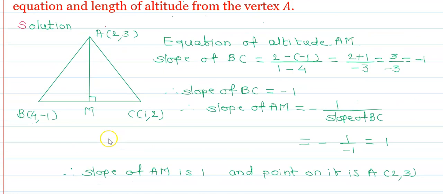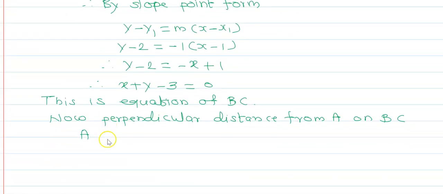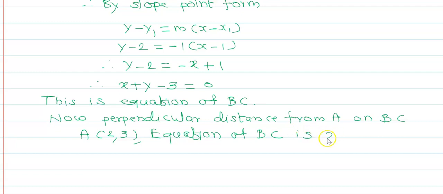The point A is (2, 3), and the equation of BC is x plus y minus 3 is equal to 0.